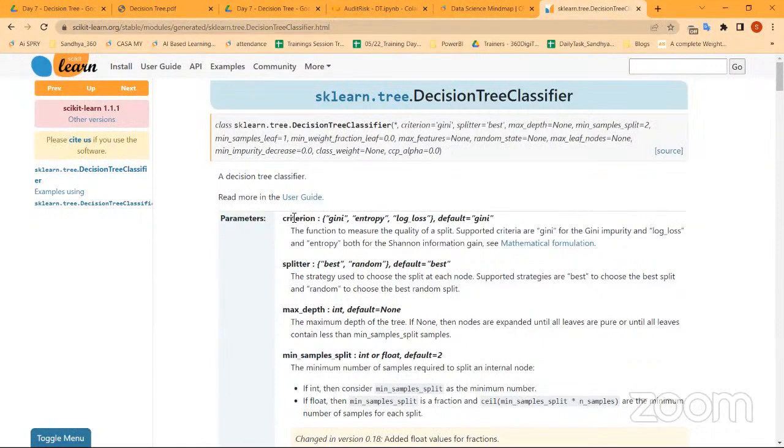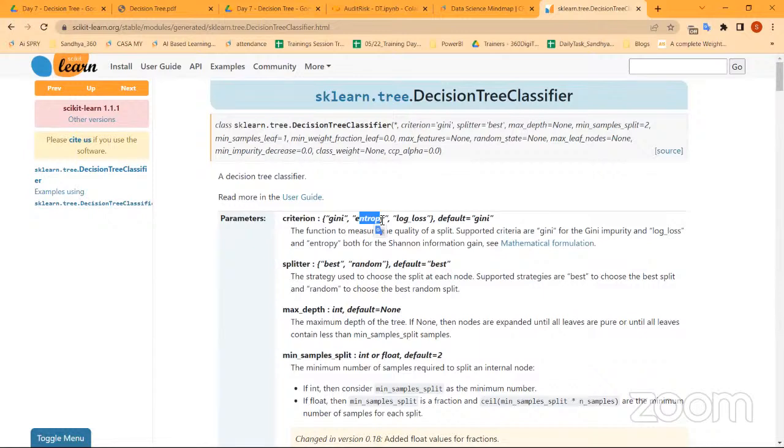The first parameter we have is Gini, and we do have entropy, and log loss. Today we discussed entropy, and there are also different kinds of criteria. Based on these criteria, like the Gini index as well as the log loss, we can classify our data. They also tell us how much impurity we have in our data.